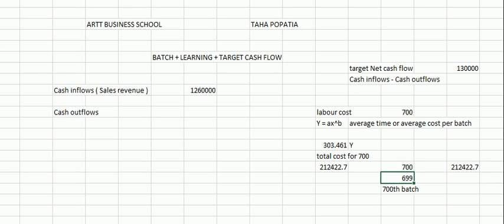To calculate the cost of 699 batches, we will firstly calculate the y value, where a is 2,500 multiplied by 699 to the power of b, which is given in our question as negative 0.3219. So it is 303.6007, multiplying it by 699, and the cost for 699 batches is this much, and therefore the cost of the 700th batch will be 205.82.